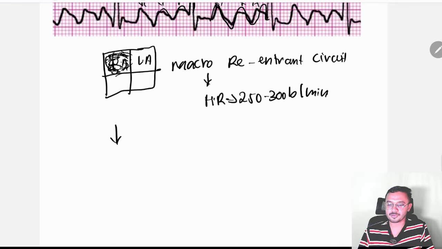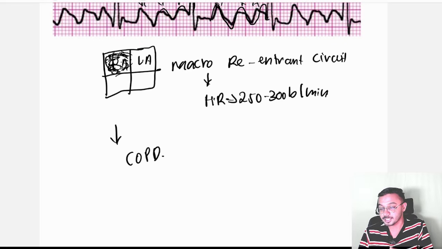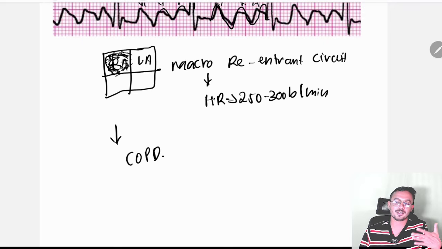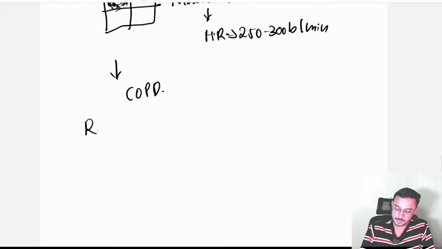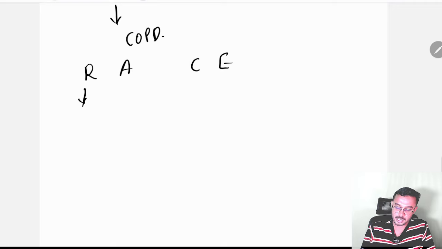The major risk factor is COPD; these patients complain of palpitations and recurrent syncopal attacks. So if the examiner says COPD patient, think about flutter, and if he mentions sawtooth pattern, then it's very easy, that is flutter. Here also the heart is beating fast, so the same RACE: rate control, anticoagulation, and chemical cardioversion.